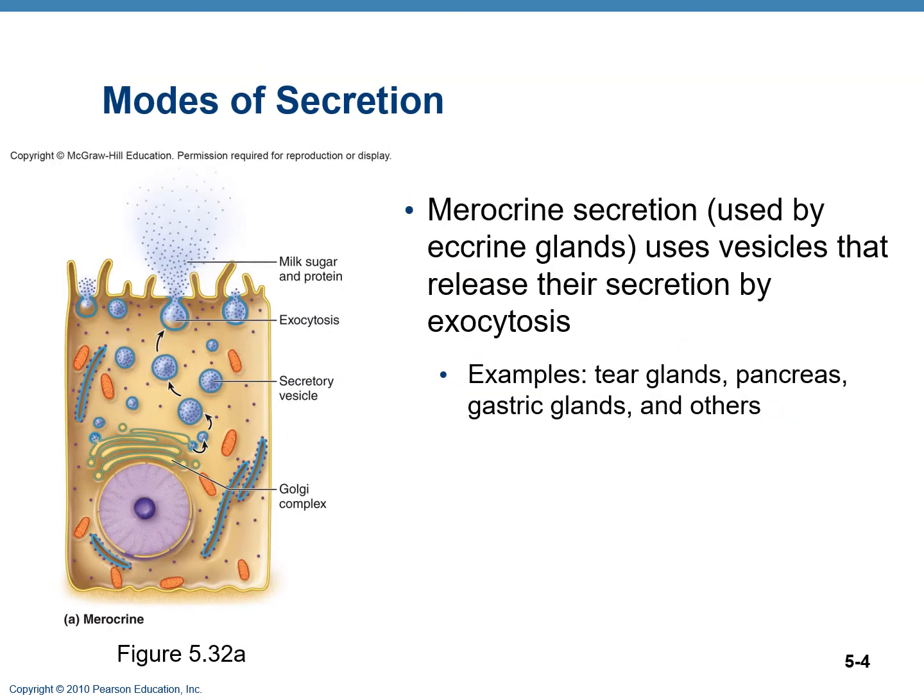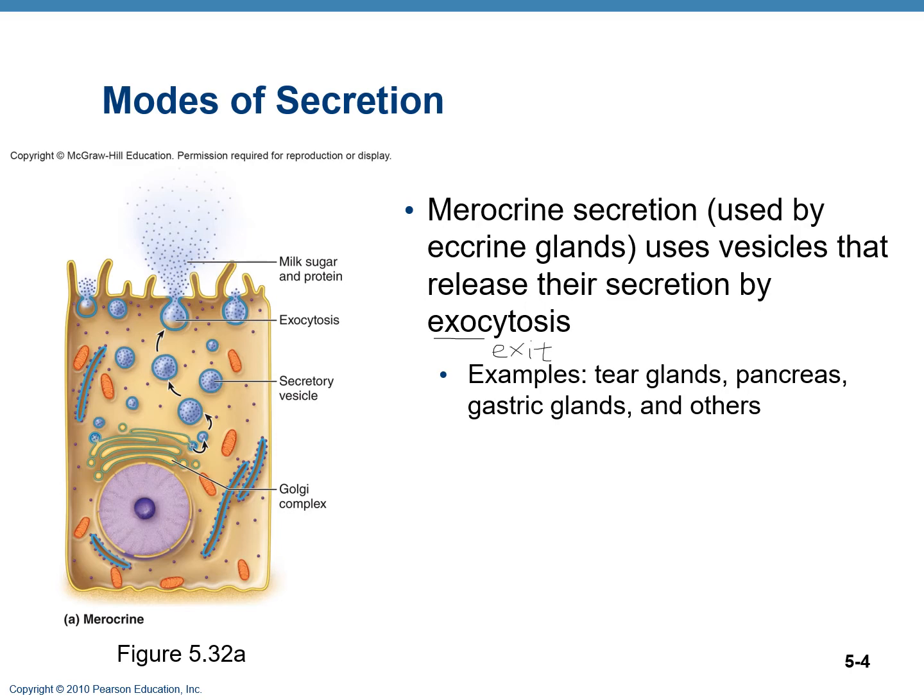Merocrine secretion is used by eccrine glands, which are a type of sweat gland, for example. These use vesicles that release their secretion via exocytosis. Exo, think exit.